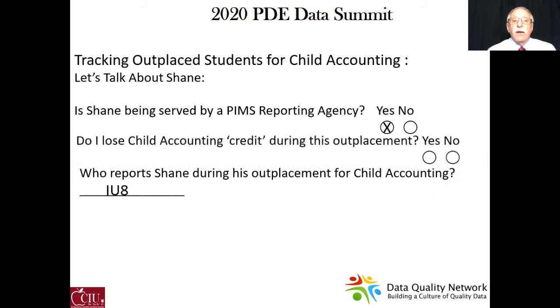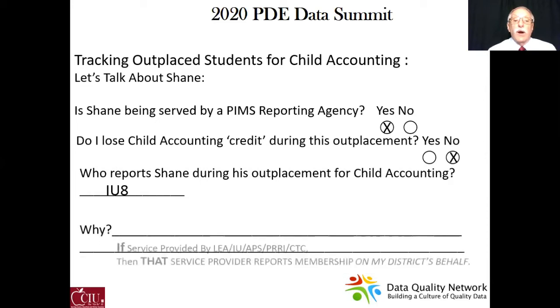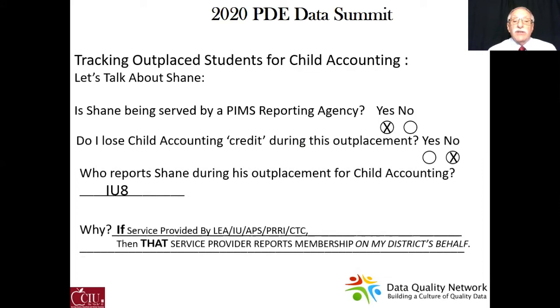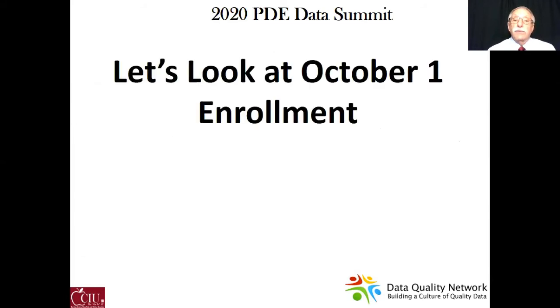So I'm wondering now, do I lose child accounting credit during this outplacement? The answer is no, you do not. And why is that? Because that service is being reported by the IU, that membership gets reported on my district's behalf and then gets credited back to me at the end of the school year. So I don't lose credit.